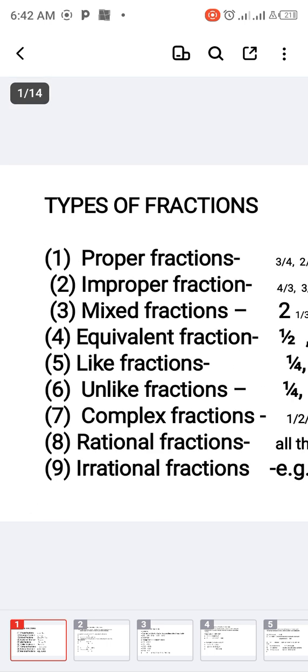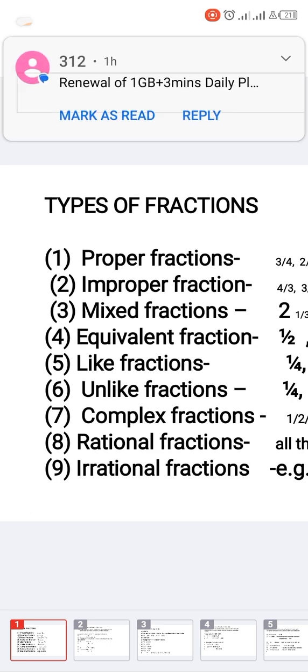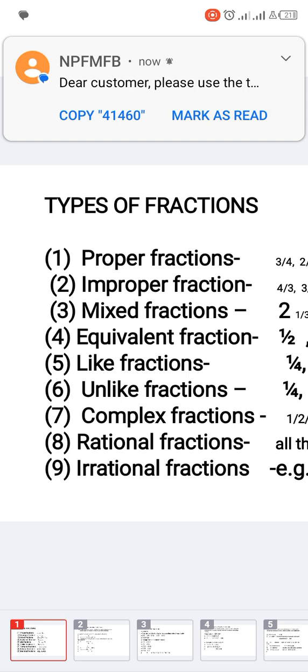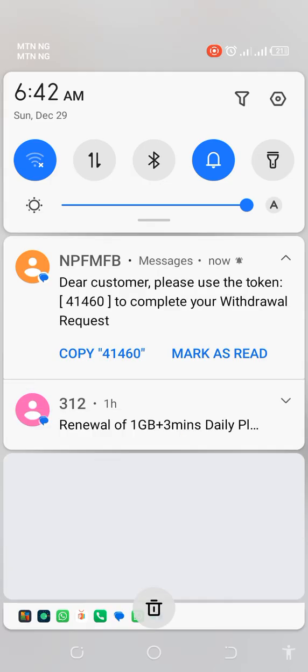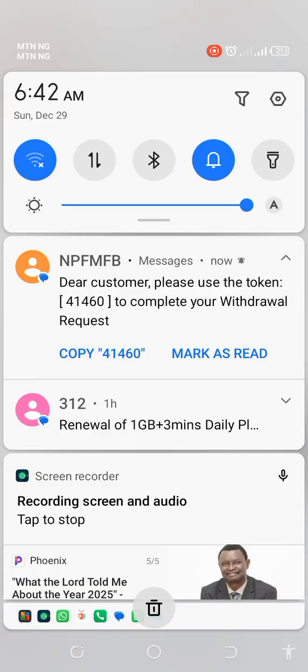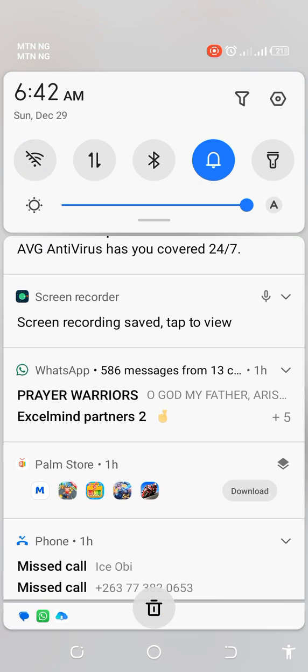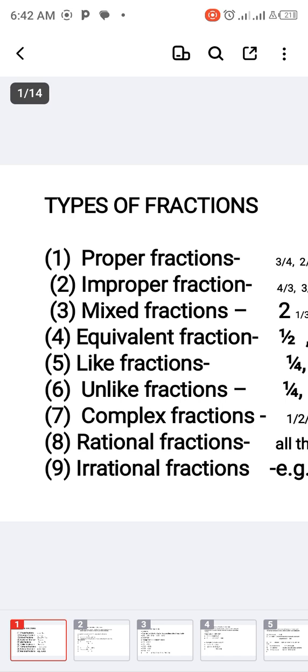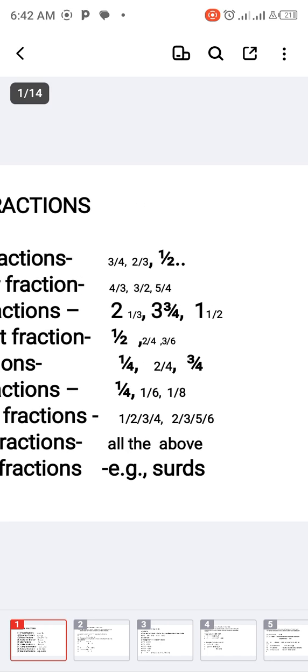The first one is proper fraction. A proper fraction is a fraction whose numerator is smaller than the denominator.